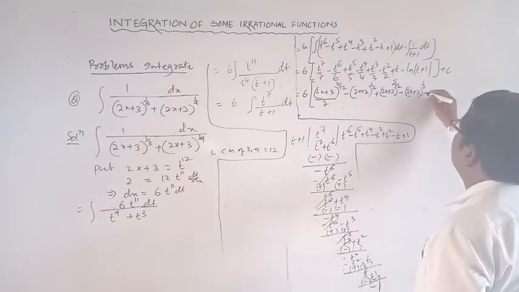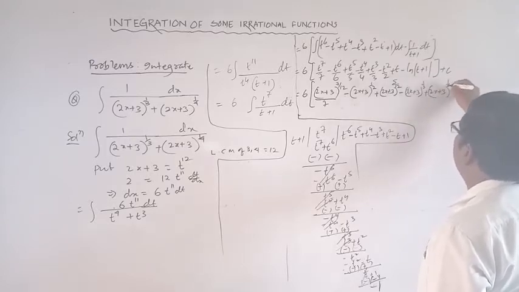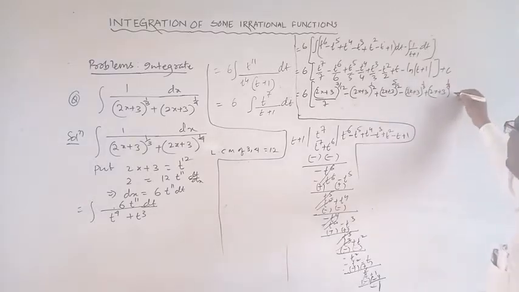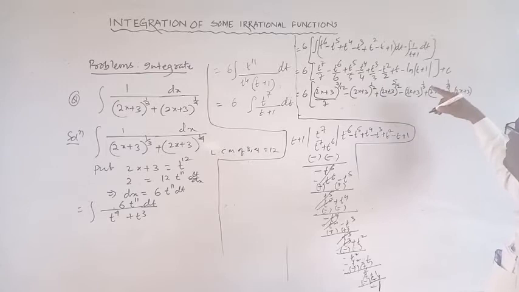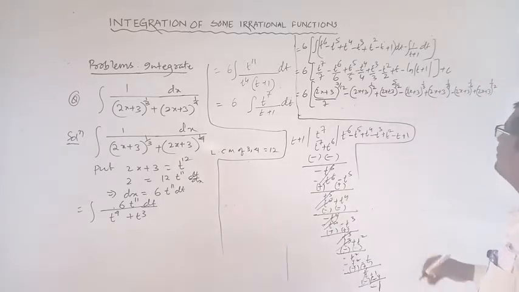That is plus (2x plus 3) whole to the power 3 into 1 by 12, 1 by 4. Okay, minus what? Minus (2x plus 3) to the power 1 by 12 into 2, that is 1 by 6, and plus (2x plus 3) whole to the power 1 by 12, and minus what?